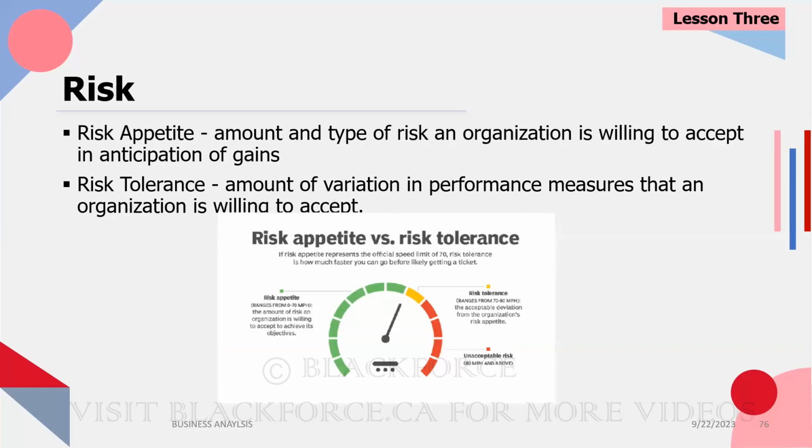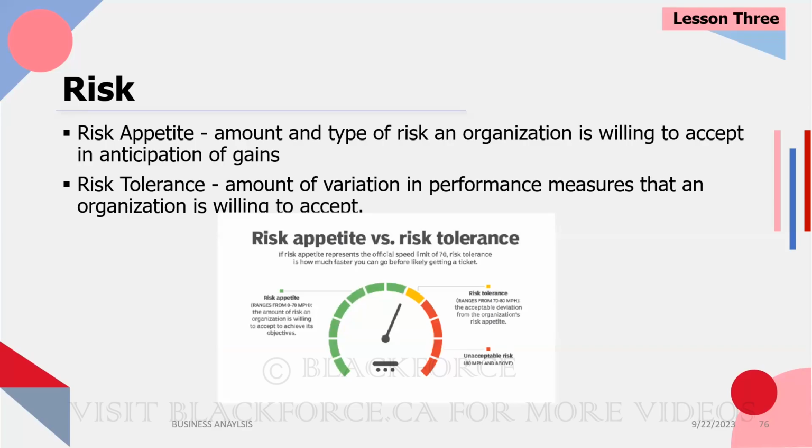This is the amount of risk we're willing to accept from our drivers. However, the risk tolerance is the difference between the maximum of the appetite and where we're going to say, you know what, you've gone way past what we're going to accept and now you're getting a ticket.